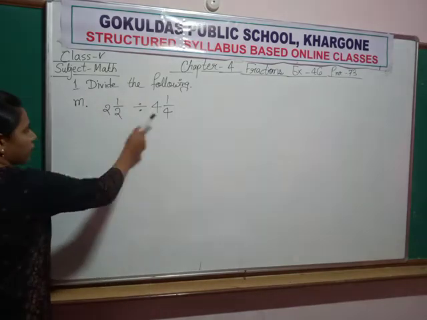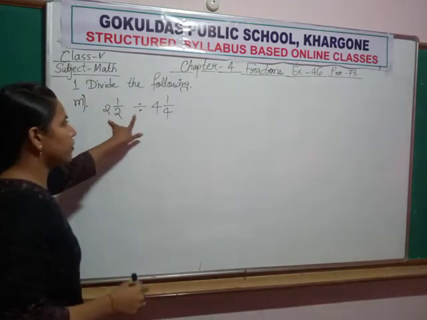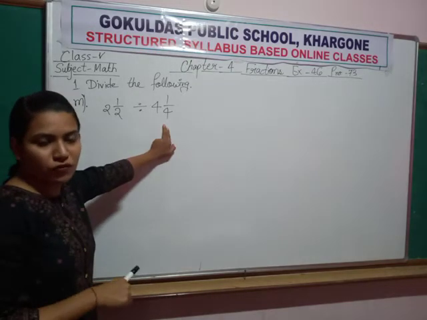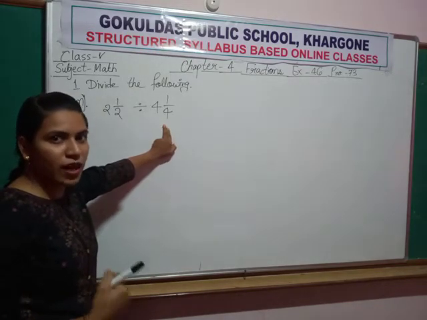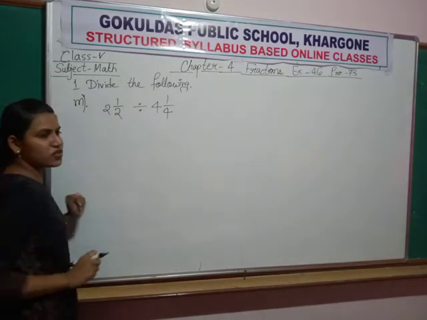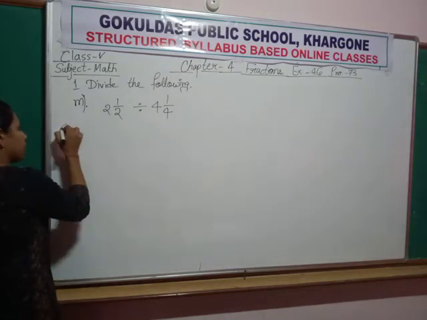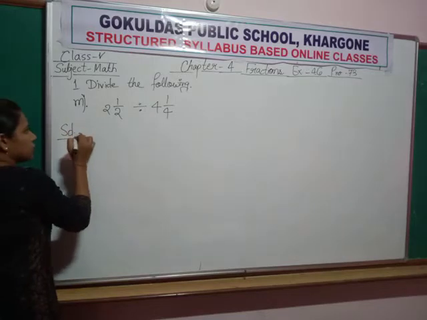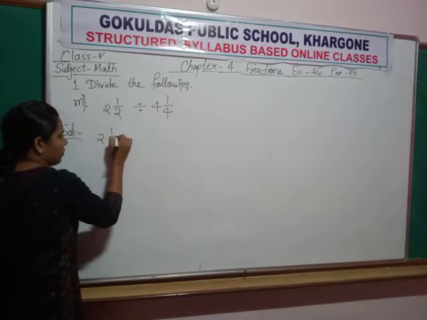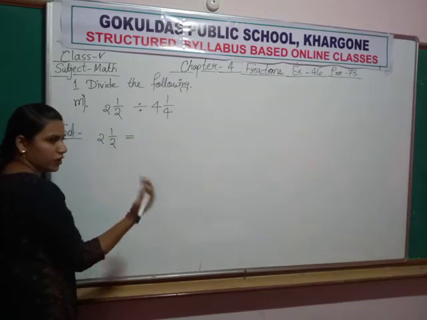Observe here that both the given fractions are mixed fractions. So now what step will come? First of all, we need to convert both the mixed fractions into improper fractions. Our first task is solution. Convert this mixed fraction into improper fraction.